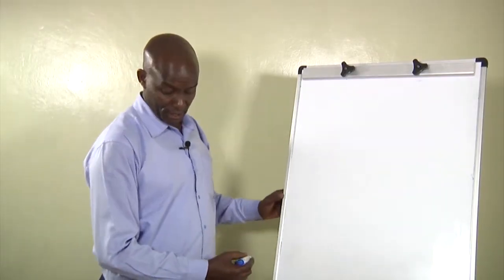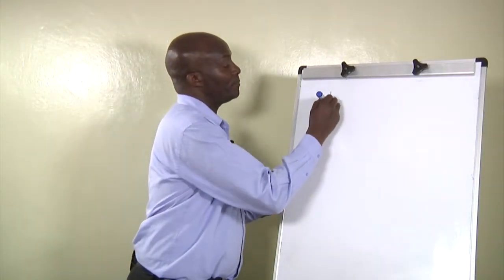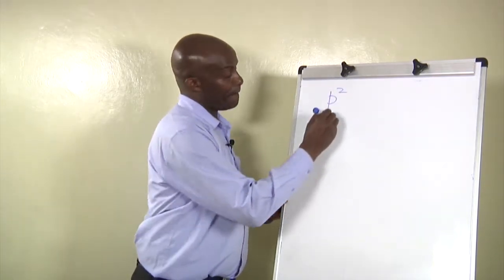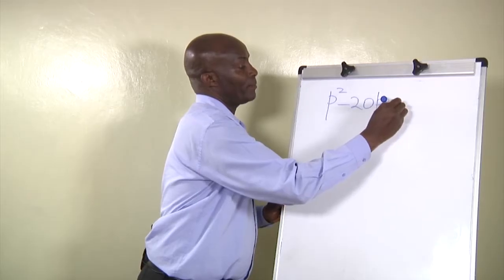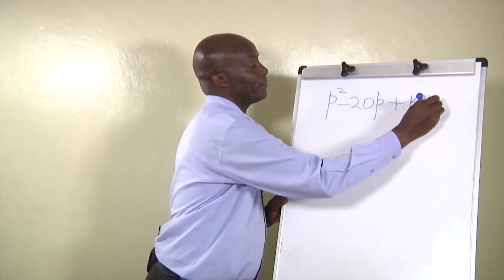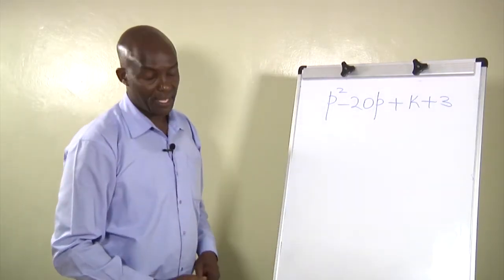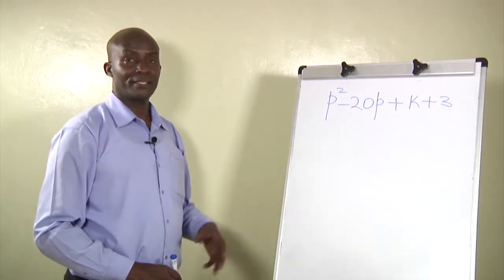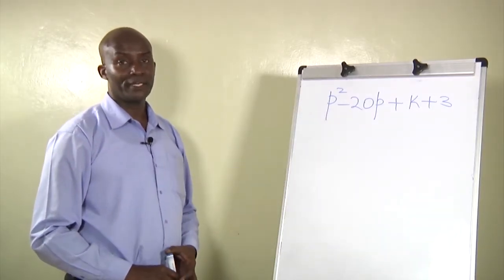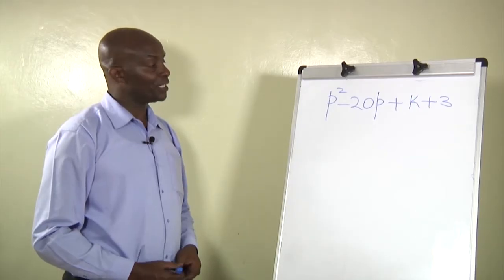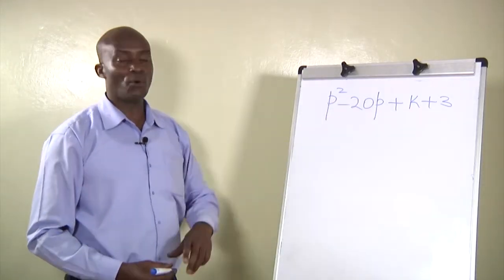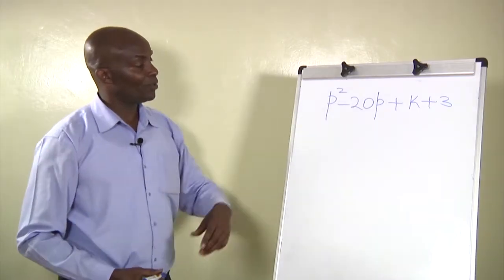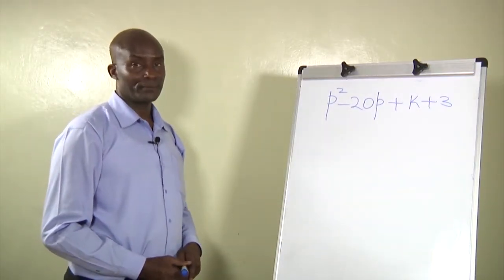Supposing you are given p squared minus 20p plus k plus 3. And you are told that this is a perfect square. We would like to see how we come up with the value of k, because k is what is not known.